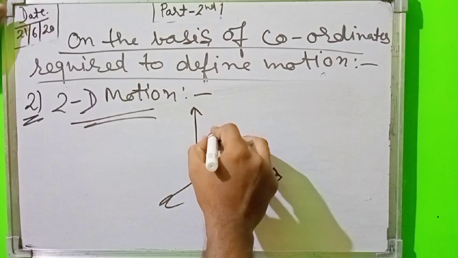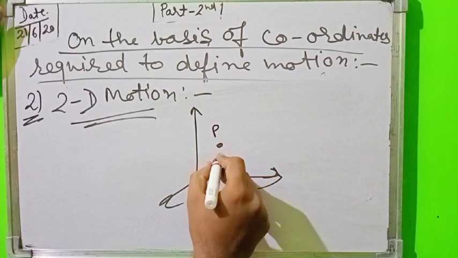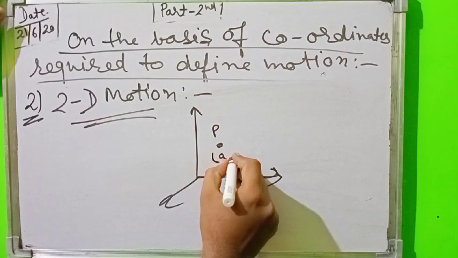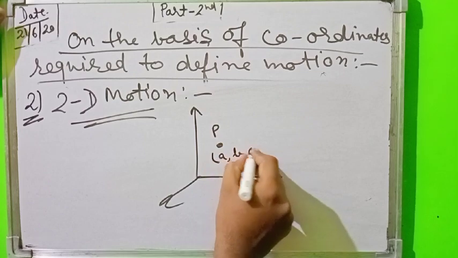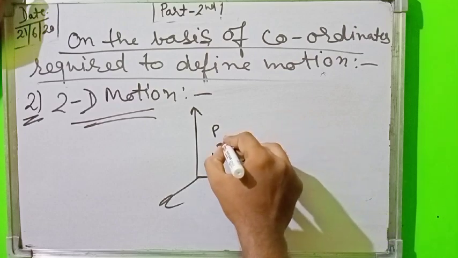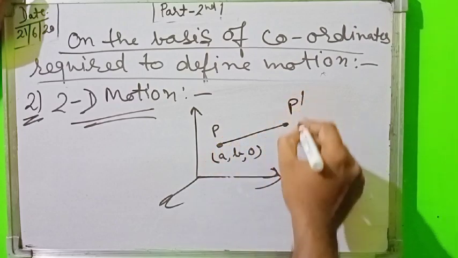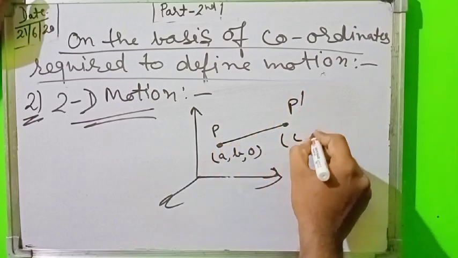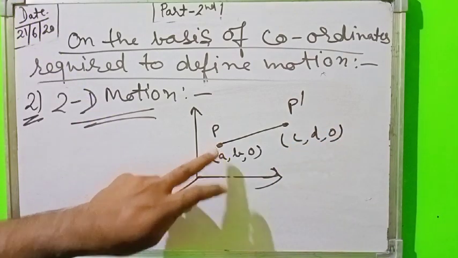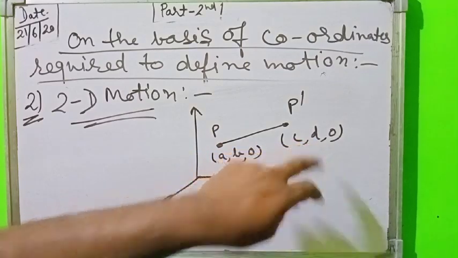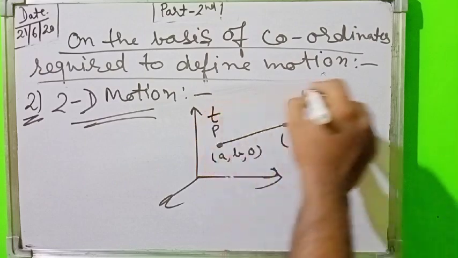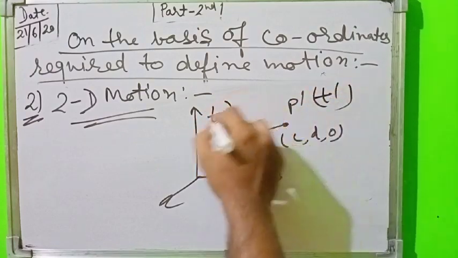Suppose the object is here at t equal to 0, or t equal to t, at a, b, 0. The z coordinate is not included. After time t dash the object is at c, d, 0. So here the position can be specified by two coordinates, with the passage of time, at t and t dash.